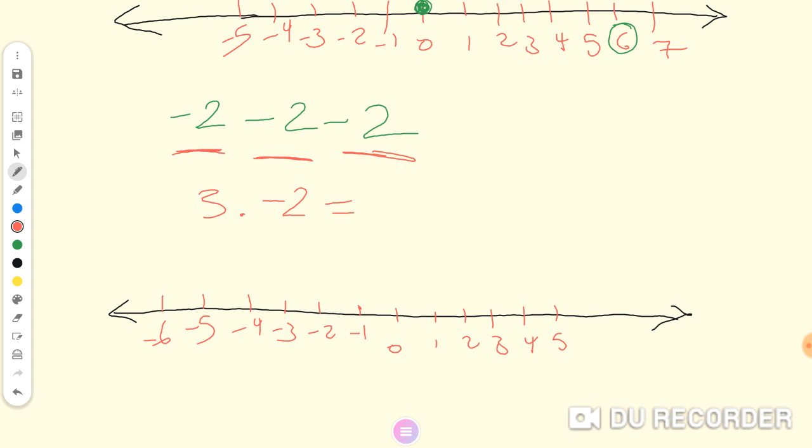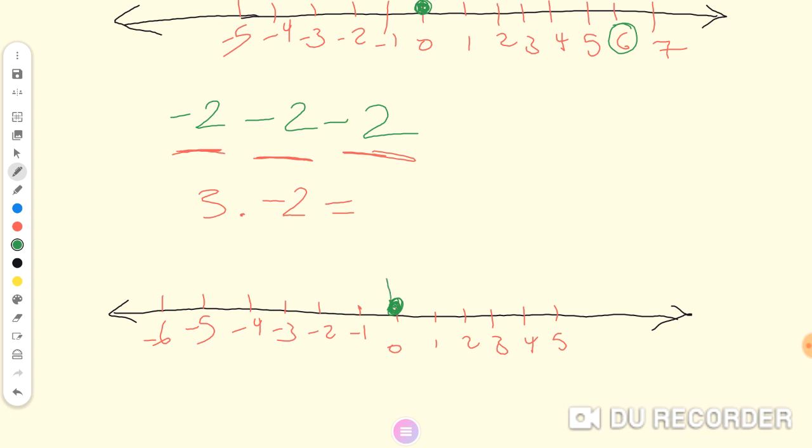Now, from where will we start? We will start from 0. In which direction should we go? The element is -2, and for the negative we go to the left hand side, not to the right, because the right hand side has the positive numbers, but the left hand side has the negative numbers.